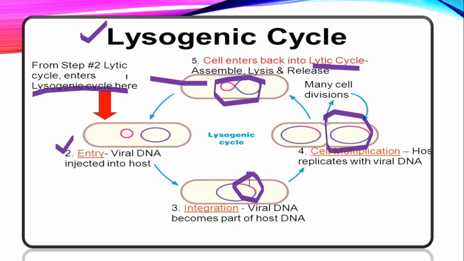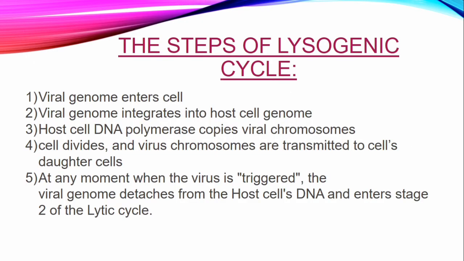Coming back to the lytic cycle. Now the steps of a lysogenic cycle are explained very well here. First of all, the viral genome enters the cell. The viral genome integrates into the host cell genome.